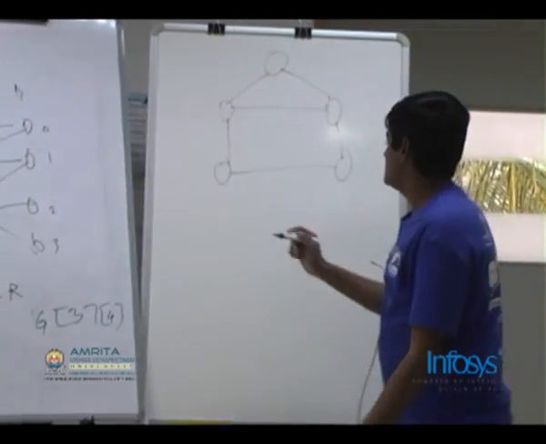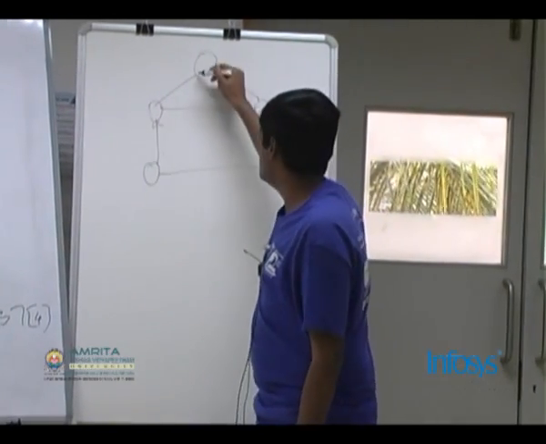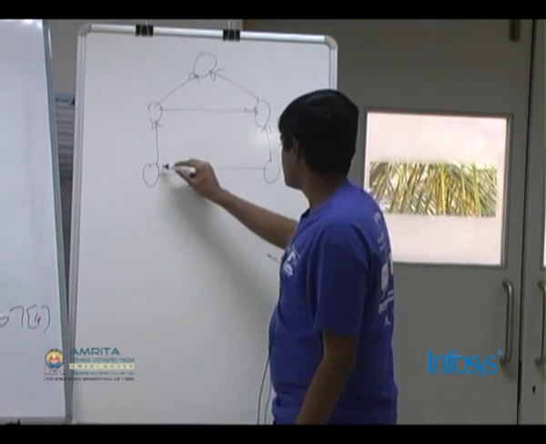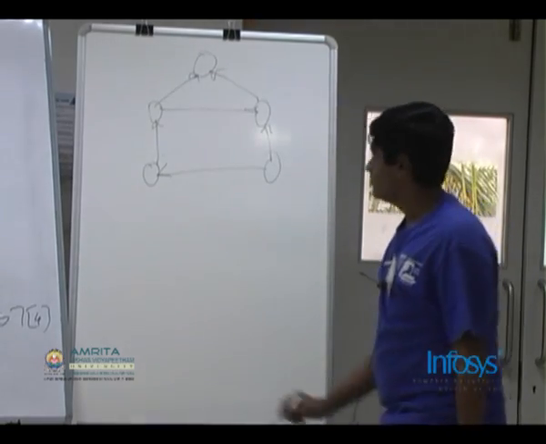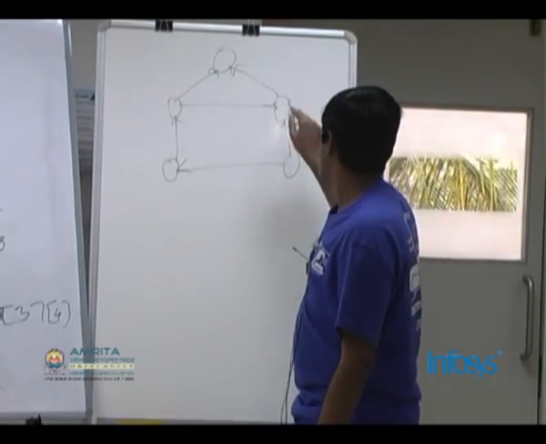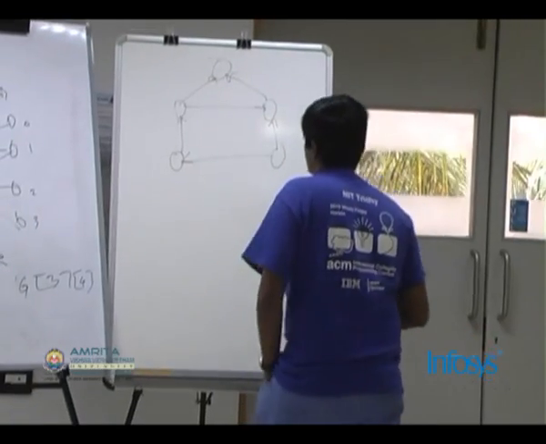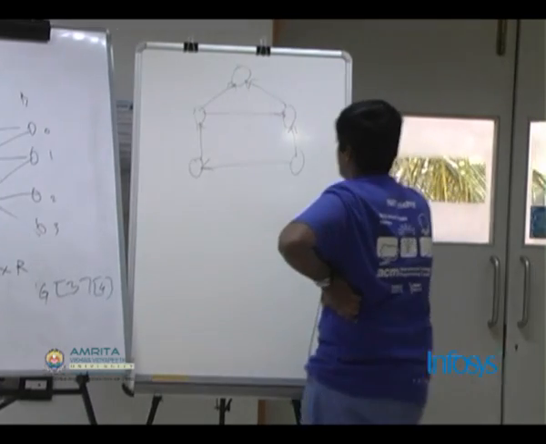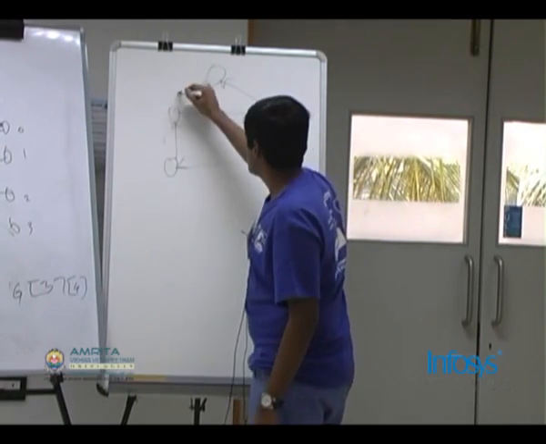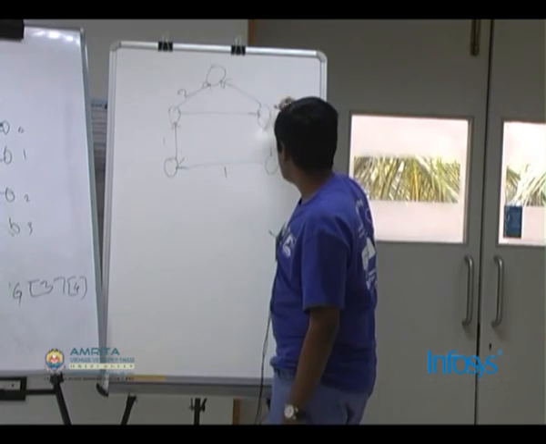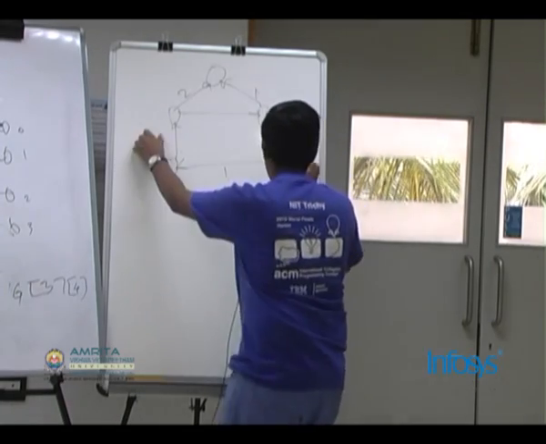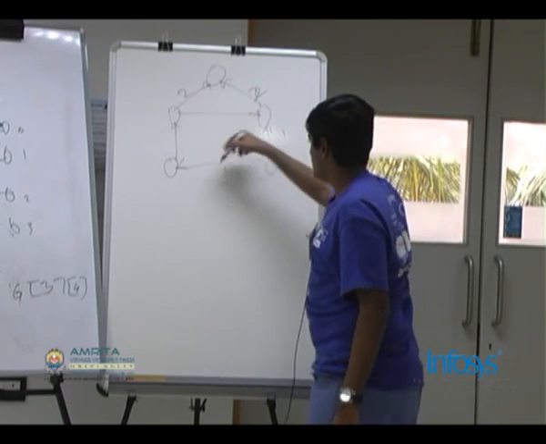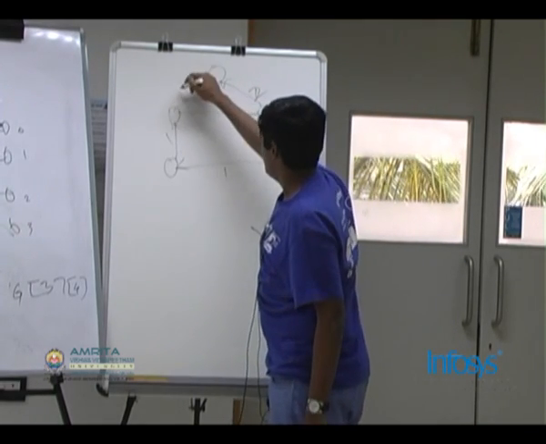As an example, assume all these directions are present. For this node, one solution would be: suppose these two edges are 1 and 2, and these 3 edges are 1, 1 and 1.